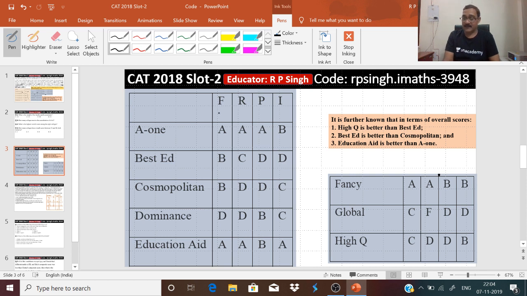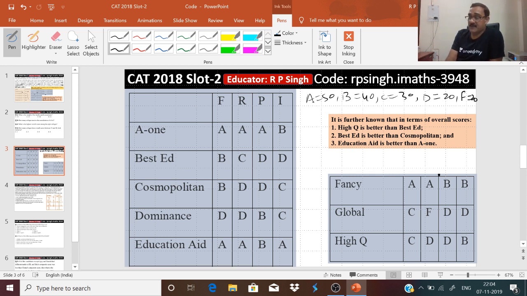And it is given that grade A means 50 points, B means 40 points, C means 30 points, and D means 20 points, F means 0 points.